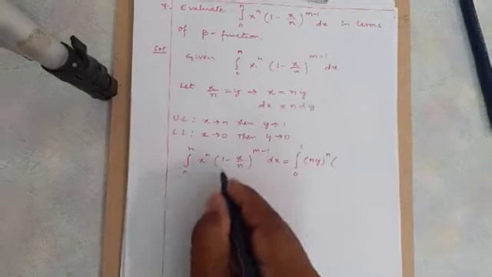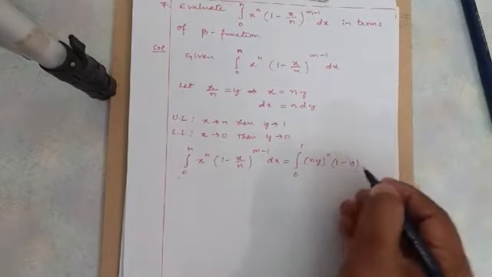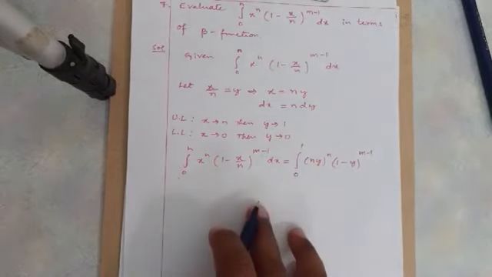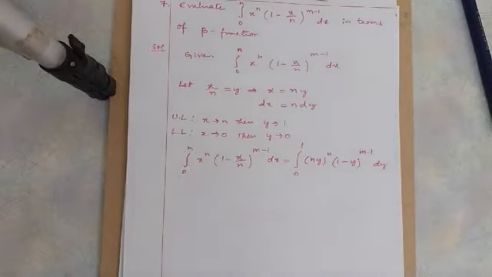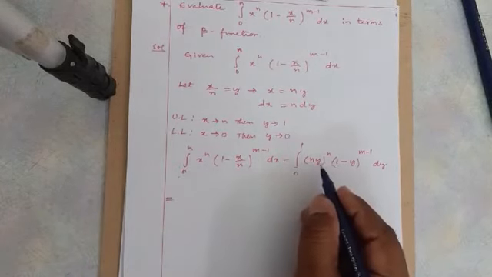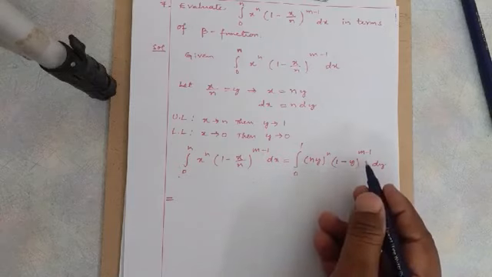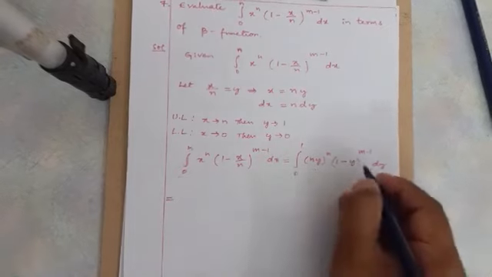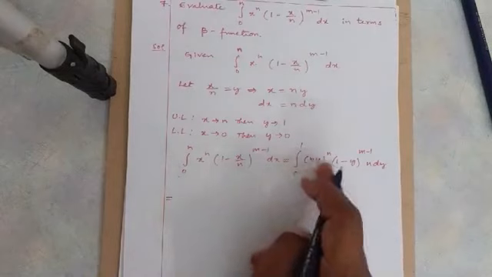In the same way, 1 minus x by n is 1 minus y, so we write (1 minus y) whole power m minus 1 into dy. So after writing that, you have ny power n, and here we have (1 minus y) power m minus 1. Here n dy, in the place of dx we have n dy. So n power n.